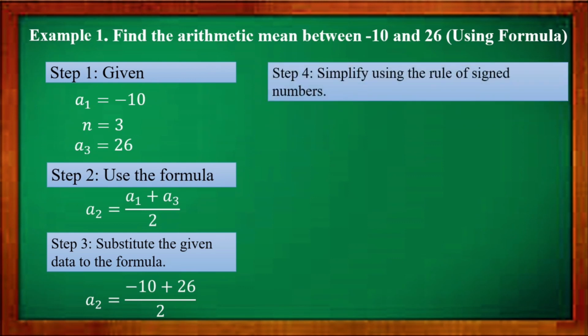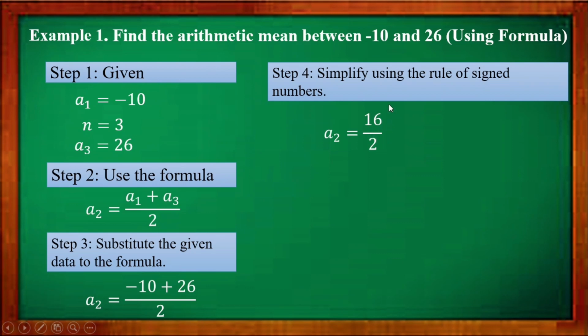Step 4 here is to simplify the numerator using the rule of sign numbers. So as you can see, we still have to operate these numbers for us to get our final answer. And that is why we will have this one: A sub 2 equals 16 over 2.